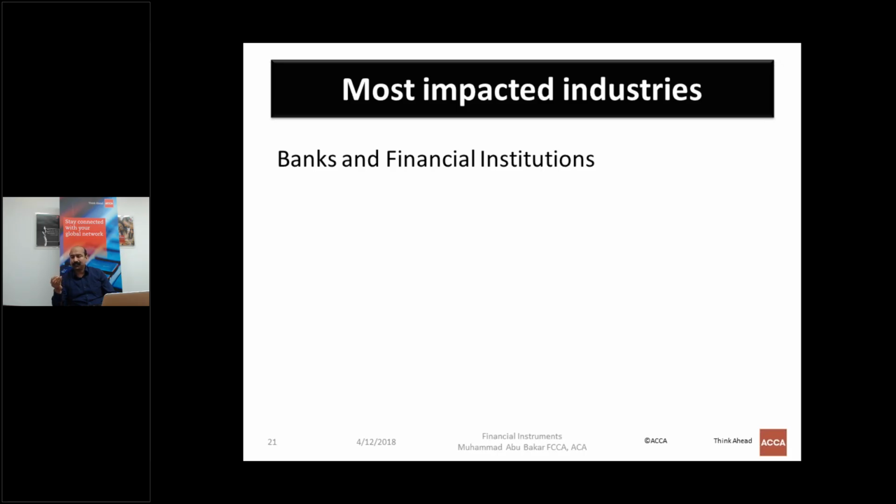They will have to change IT. Of course, this may affect their deferred tax calculations. Of course, this will affect their risk management patterns, and this will bring new additional disclosures as well under IFRS 7.